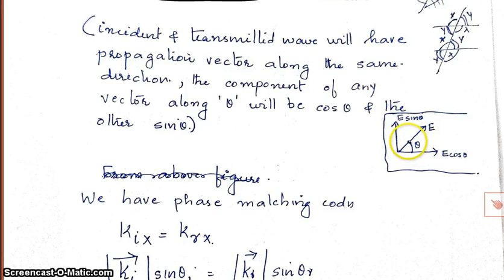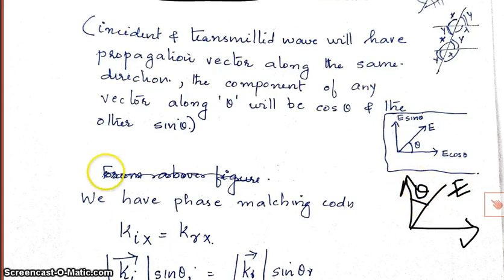Suppose you are marking an angle theta here, then that component will be the cos theta component and the other one will be the sin theta component. Suppose you are drawing like this. This is your E, and here you are drawing theta.